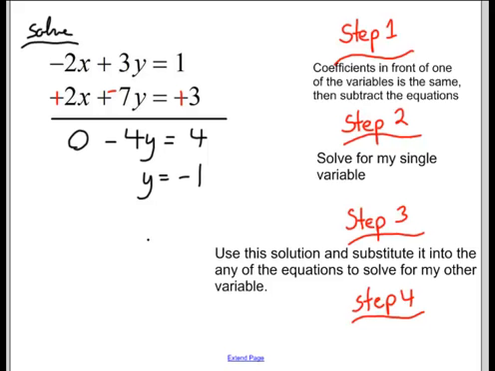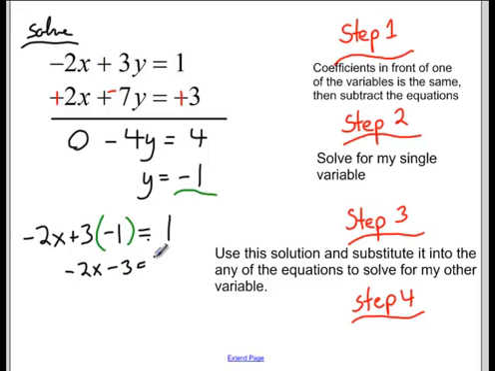Since I have y, let's put this in green. So y is equal to -1. Let's bring this equation down here. So I have negative 2x plus 3y is equal to 1. Now here's where I substitute in my -1. Let's put this -1 right in here, and let's solve for my x. So I have negative 2x minus 3 is equal to 1.